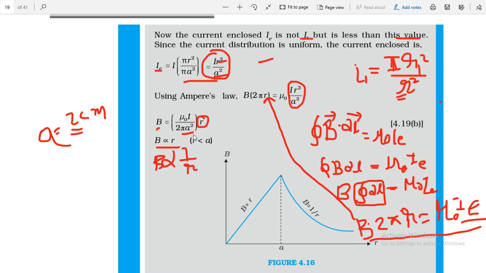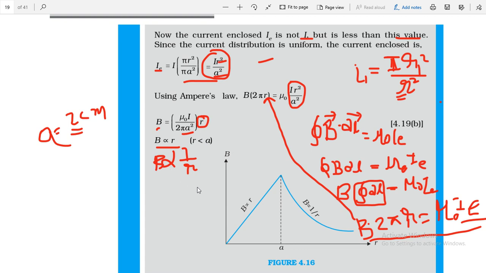At the surface of the conductor, you can replace r by a and you will get the result. So inside the conductor, the magnetic field increases with distance from the center, whereas outside the conductor it decreases with distance.